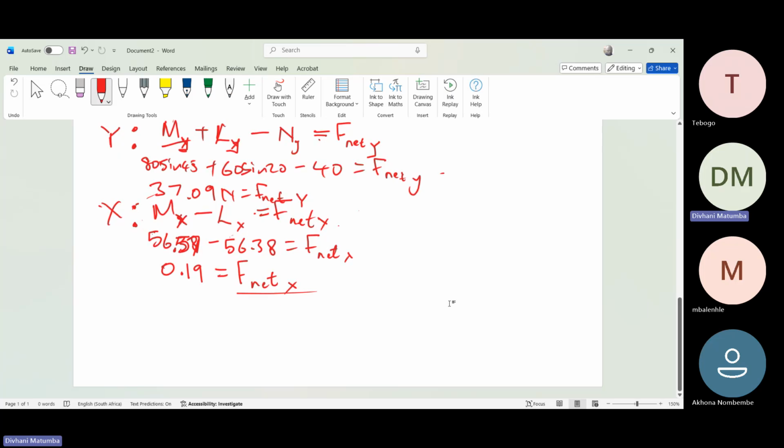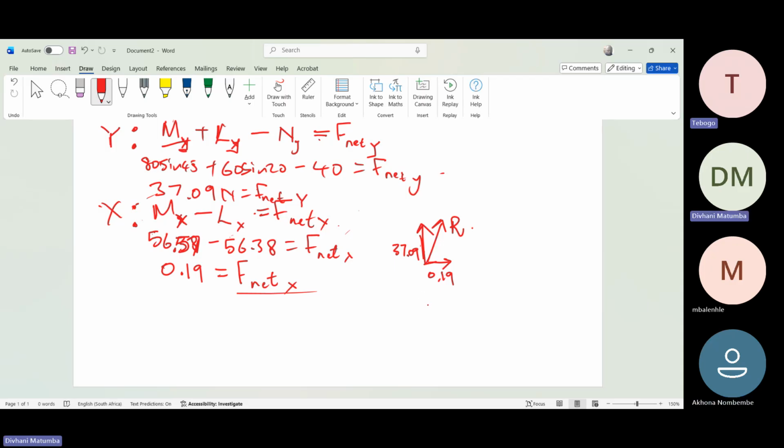So in order for us to find the resultant force, we know that we have the following situation: 0.19 and 37.09. So your resultant force will be in this direction. Do we all agree? Yes. Okay.